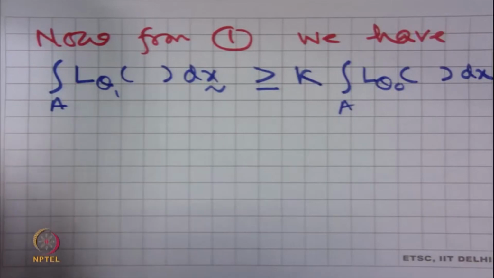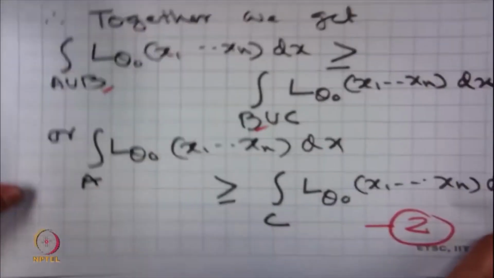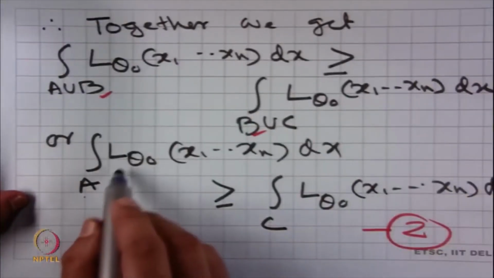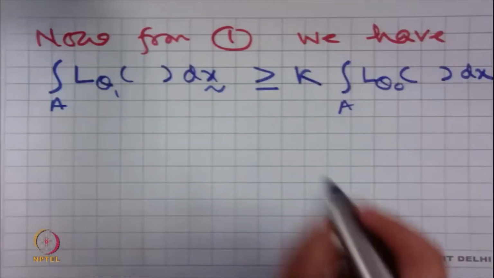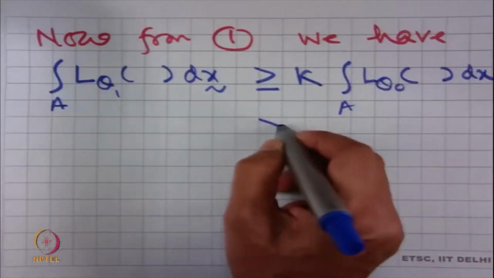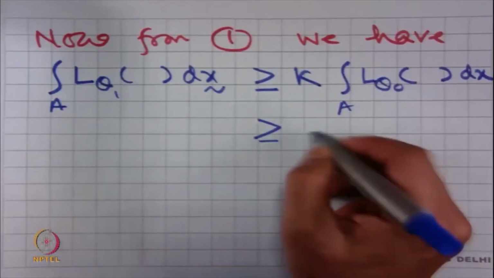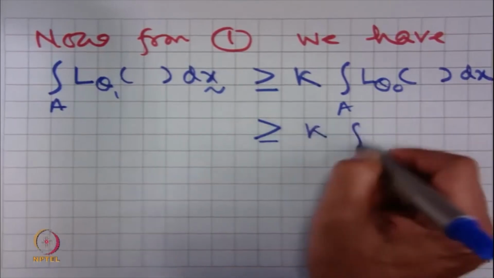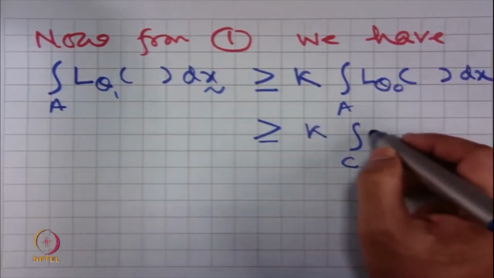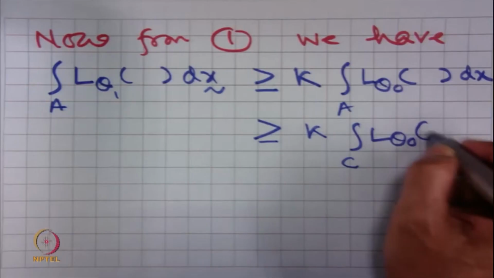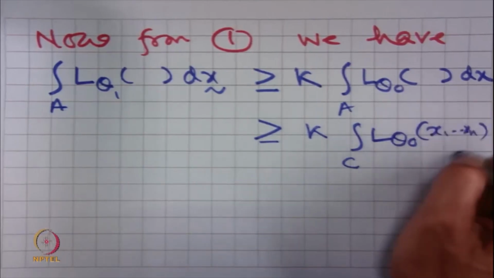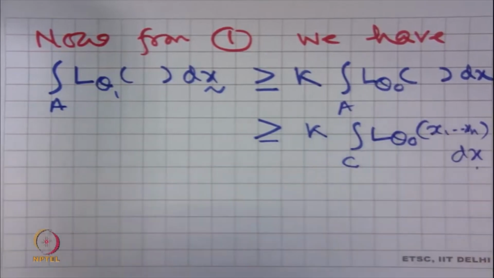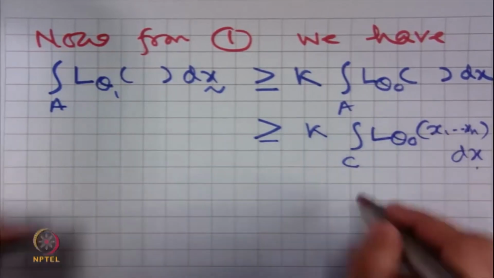And from 2, since integration over A of L theta naught is greater than or equal to integration over C of L theta naught, we can write this is greater than or equal to k times integration over C of L theta naught of x1 x2 xn dx. So, let us call it 3.